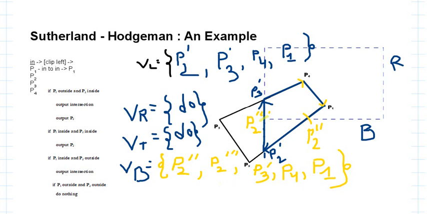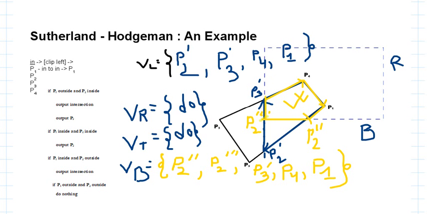Now if you join these final vertices, P2 double dash to P2 triple dash, then P2 triple dash to P3 dash, then P3 dash to P4, then P4 to P1, and P1 to P2 double dash, you can see that your polygon has been clipped. You have been able to find out the portion of the polygon which will be visible through this clipping window.